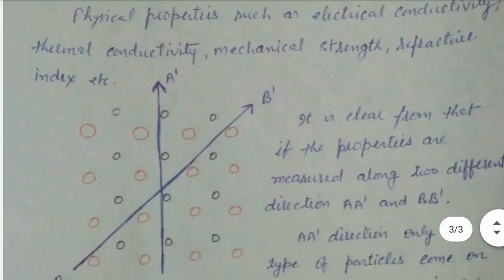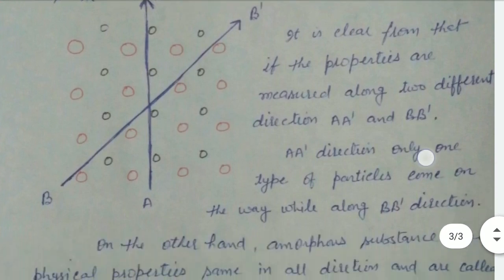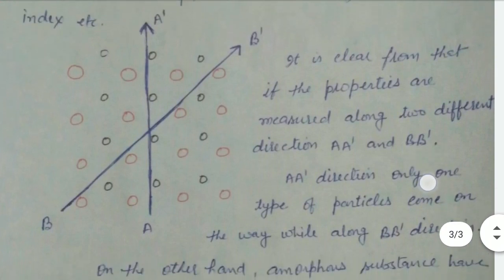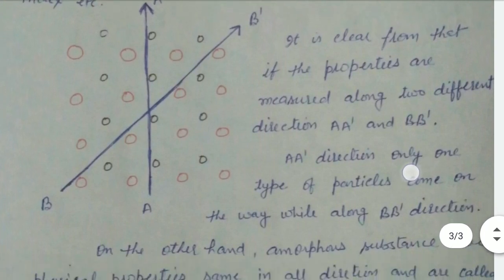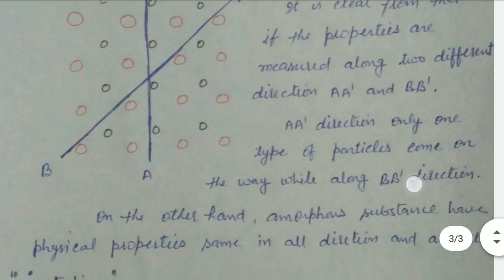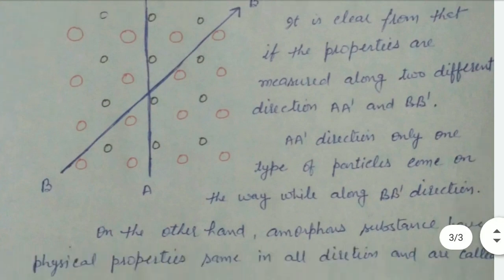This is clear in a diagram. In this diagram there are two different directions, A to A dash and B to B dash. Along the A direction, only one type of particle comes on the way, while along the B dash direction, the other.